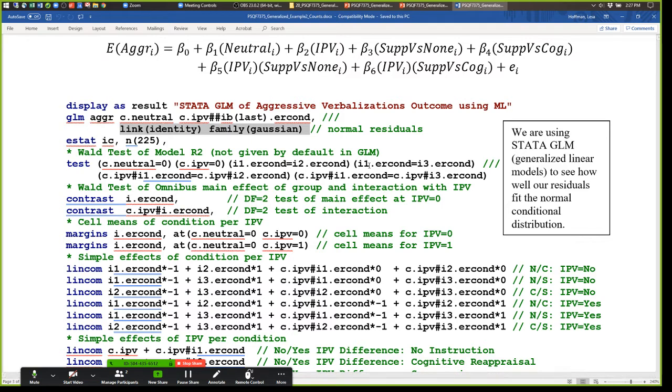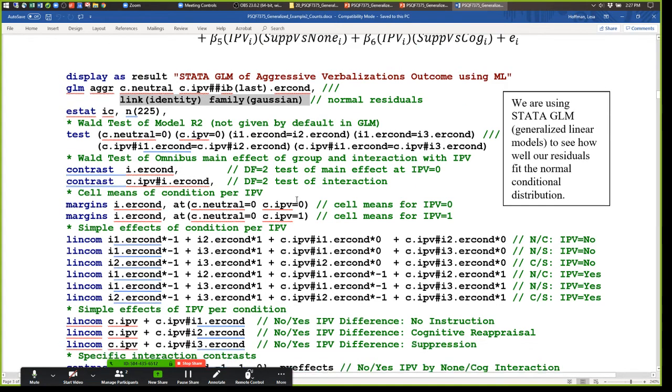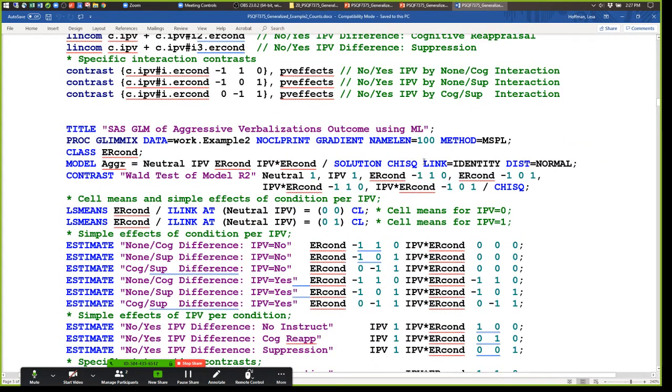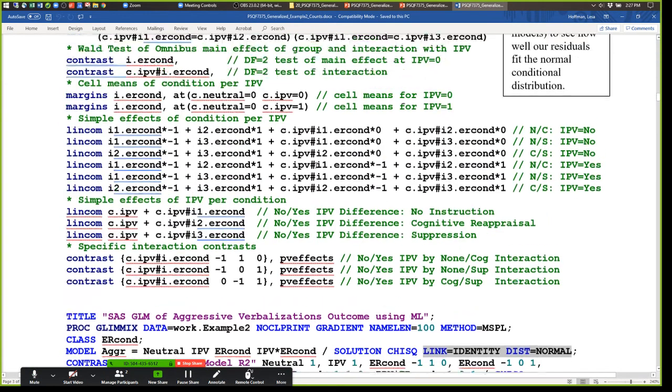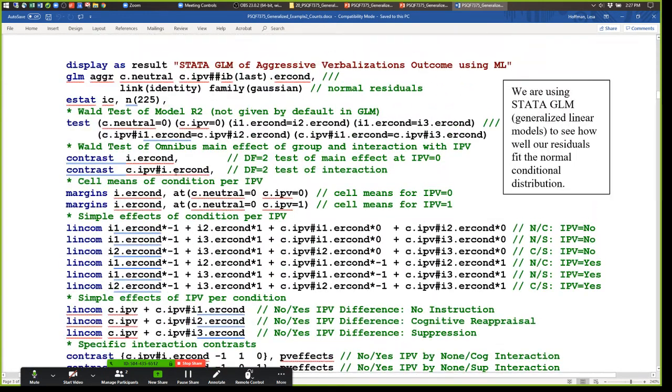So that is regression, ANOVA, ANCOVA, independent t-tests, all that stuff. That's identity link, meaning no transformation of the predicted outcome, and family normal, Gaussian. The analog in SAS is link equals identity, dist equals normal. So that's the part that's going to swap in and out as we look at different models.